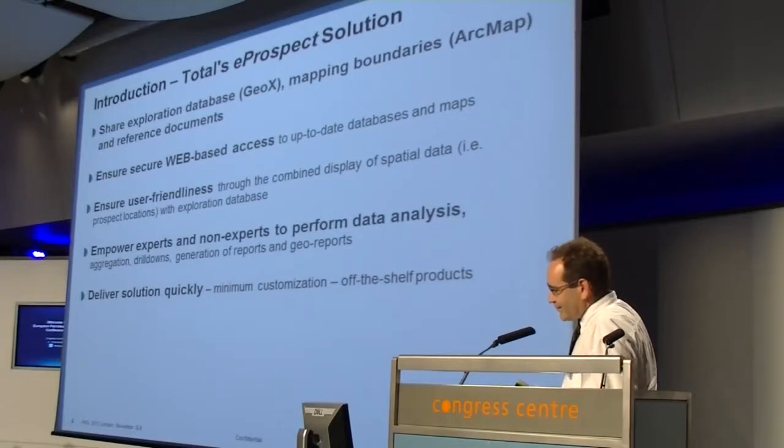So the eProspect solution is to share the exploration database, and what is new is also to share the mapping boundaries and the prospect locations, and also some reference documents.